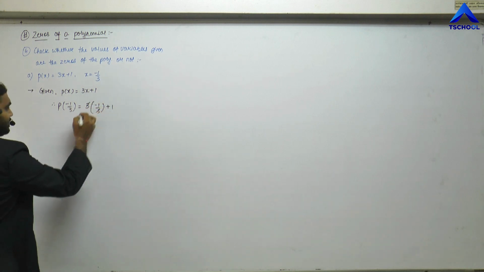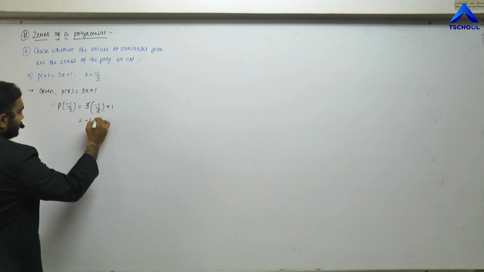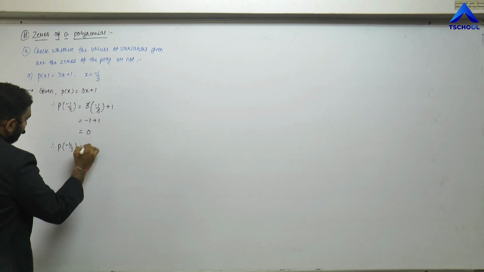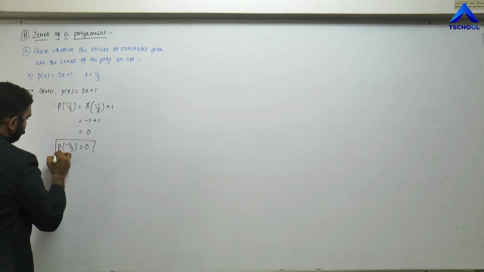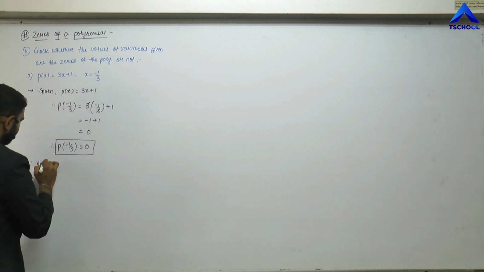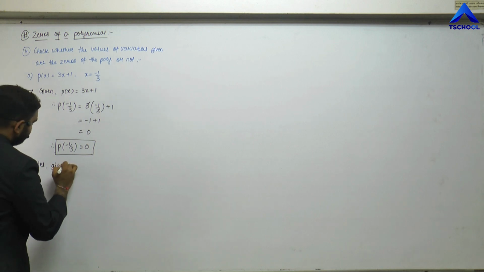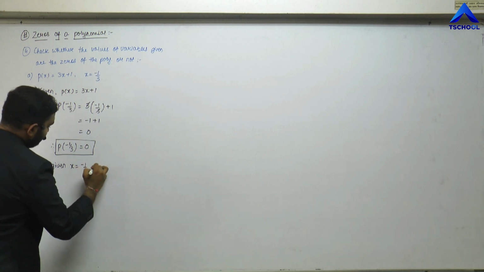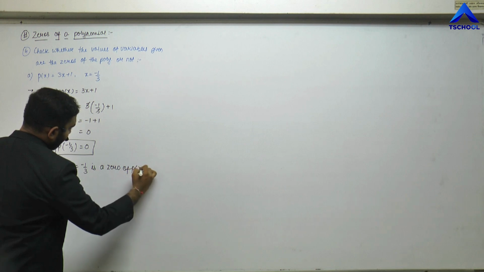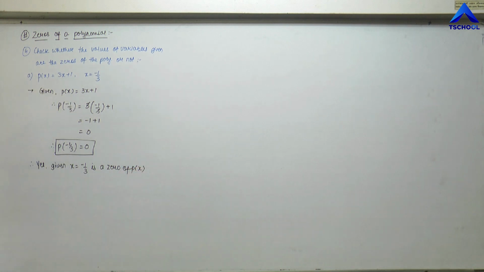So we can cancel out this 3 and 3, which leads us to minus 1 plus 1, which is 0. Hence, we can say that p of minus 1 by 3 is equals to 0. If p of minus 1 by 3 equals 0, the conclusion, yes, given x equals to minus 1 by 3 is a zero of p of x, right? Given x equals to minus 1 by 3 is a zero of the given polynomial p of x.